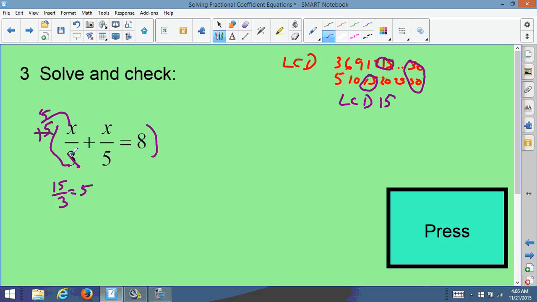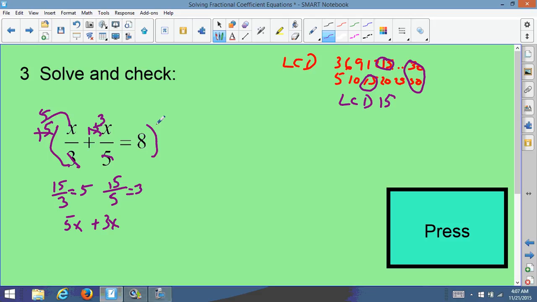So my 3 is gone, that denominator is gone, and that'll give me a 5, and next to it is the letter x. When I multiply the 15 times the x over 5, the 15 and the 5 cancel out. The denominator is gone, and we'll have a 3 left over. Put the x down there, so that'll be plus 3x.